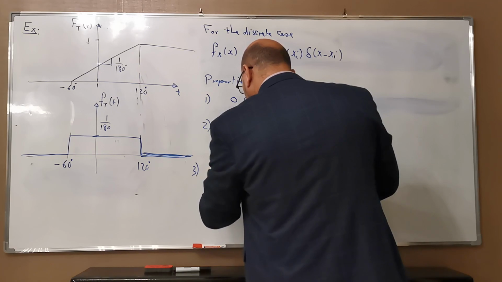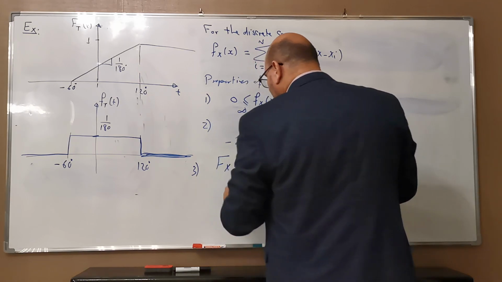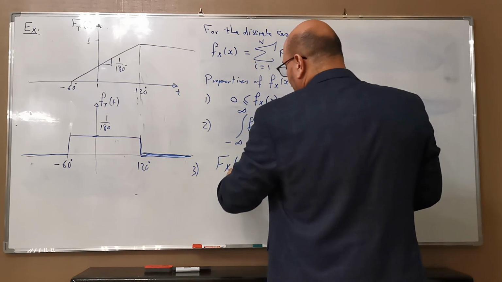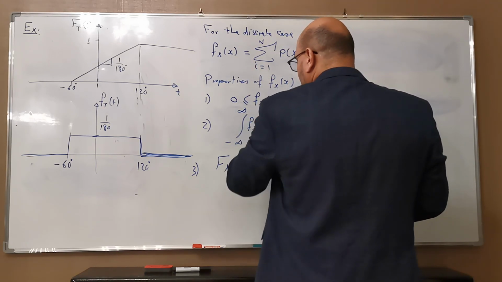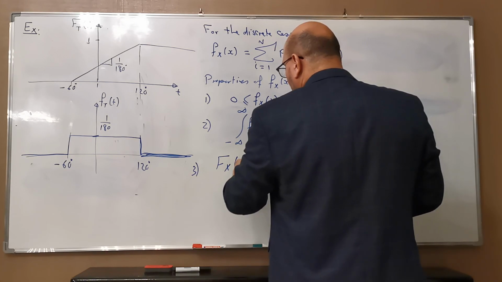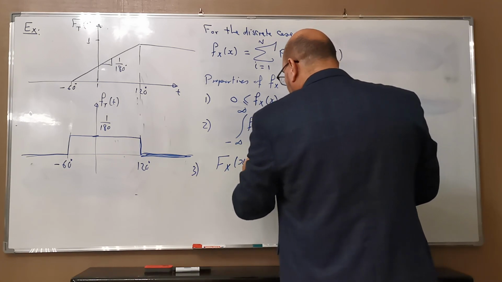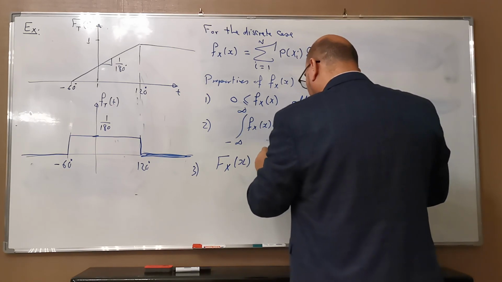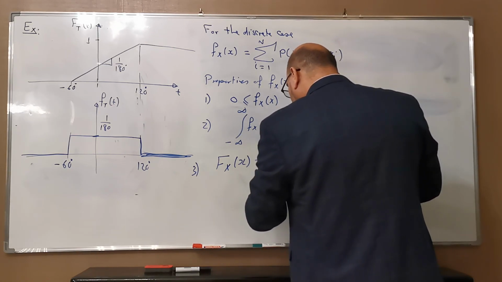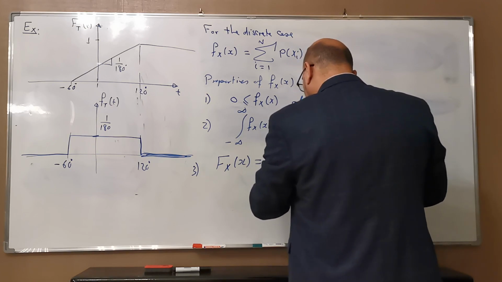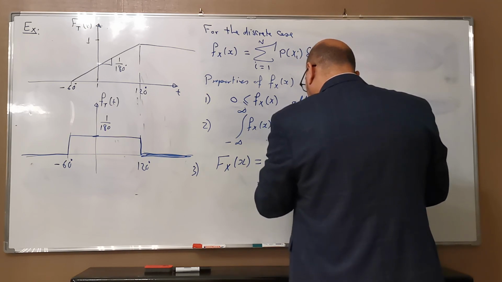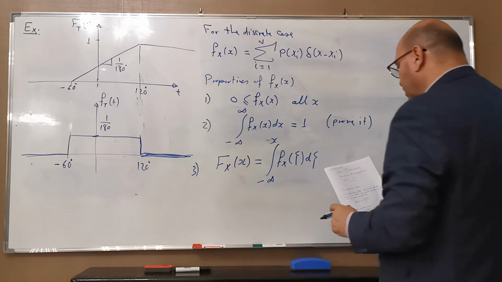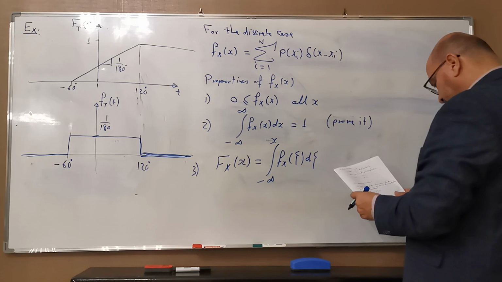Fx of x. Now, this is the opposite of the derivative. The derivative of Fx of x is the density function. So the derivative of the distribution is the density. But to find the distribution from the density, you have to integrate. So the integration from minus infinity to x of fx of z dz should equal this.